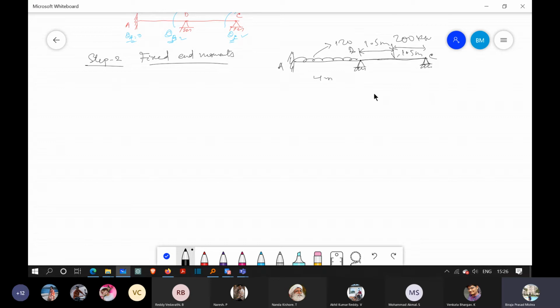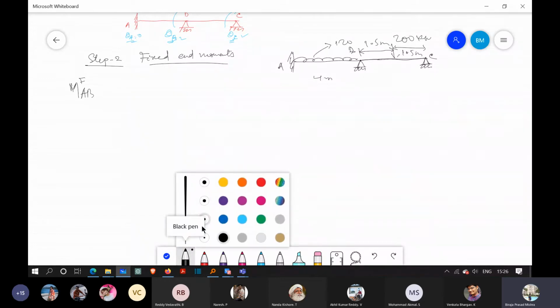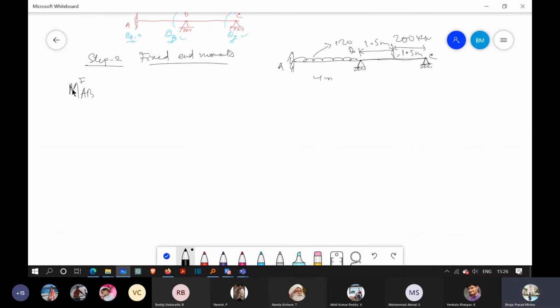Please find out what is MFAB, the fixed end moment. I think you all remember this one. MFAB equals minus W L square by 12, or 8? It is 12. So minus W, where W is 120 kilonewton per meter, so minus 120 into L, which is 4, square divided by 12.